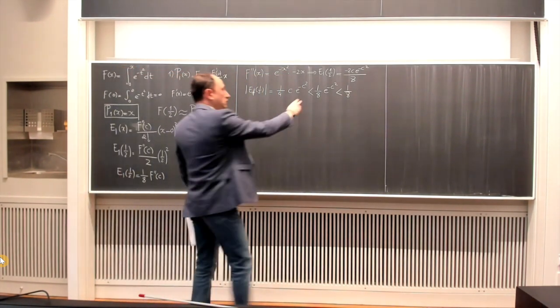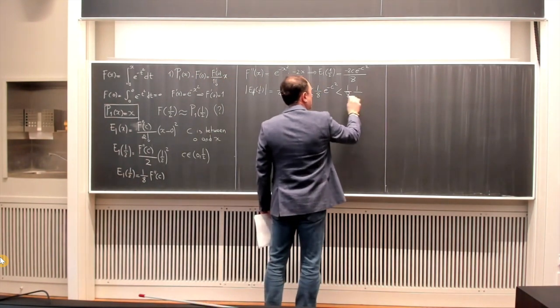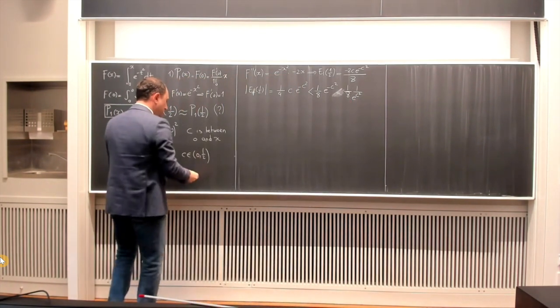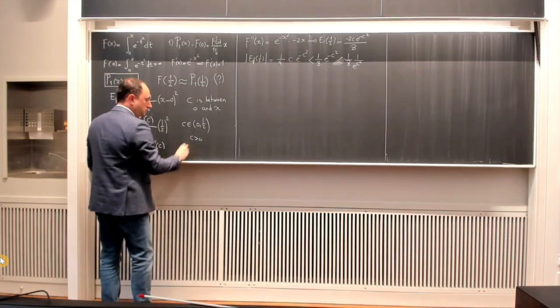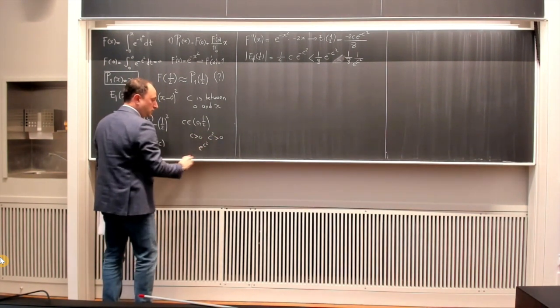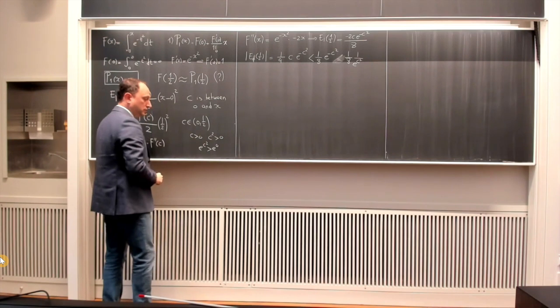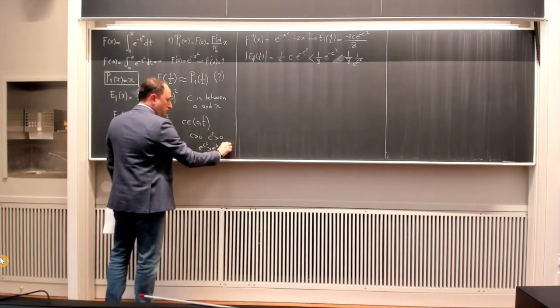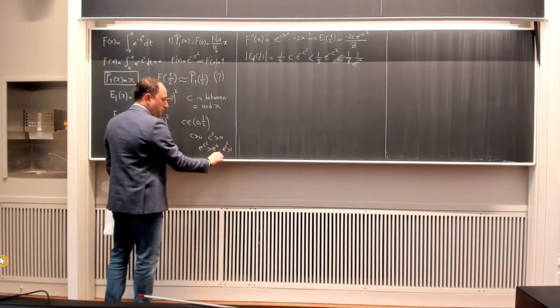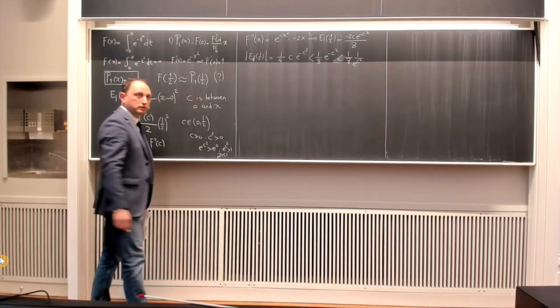Okay, and can I say that this is also smaller than 1/8? Why? Because e to the power of negative c squared can be written as 1 over e to the power of positive c squared. And c is larger than 0, so c squared is larger than 0. So e to c squared is larger than e to 0, which means e to c squared is larger than 1, so 1 over e to c squared is less than 1.